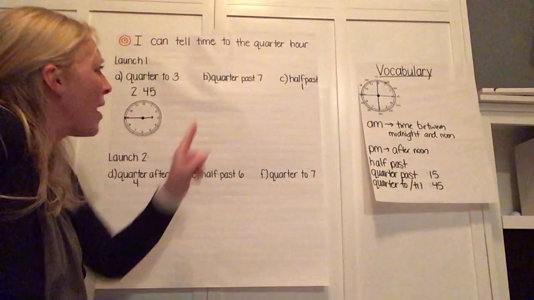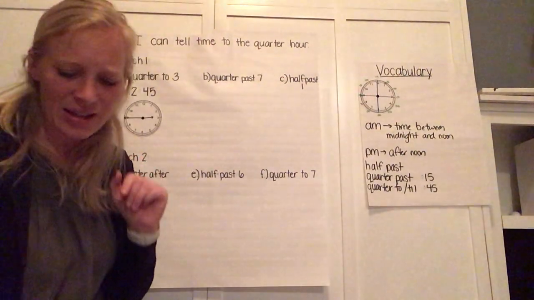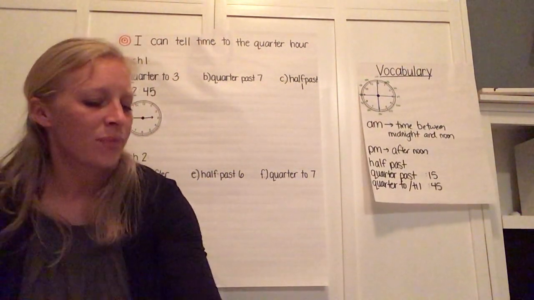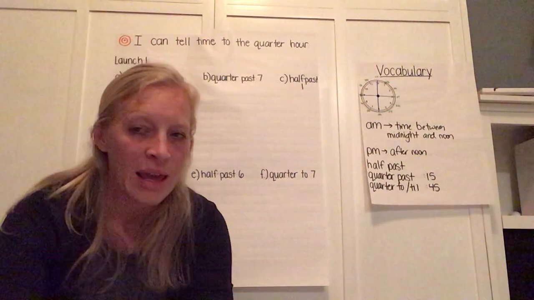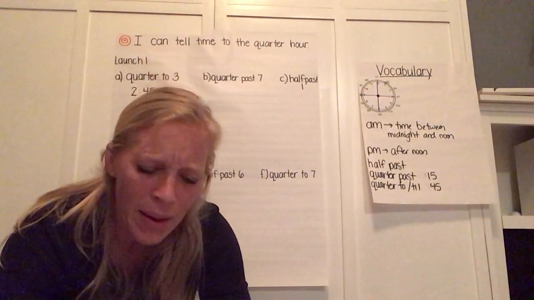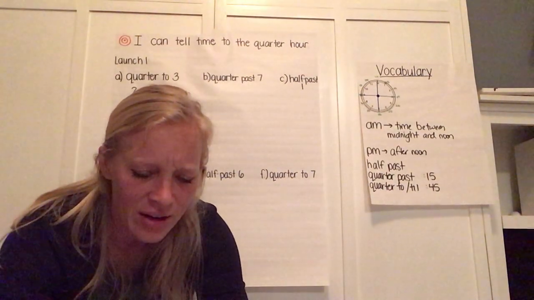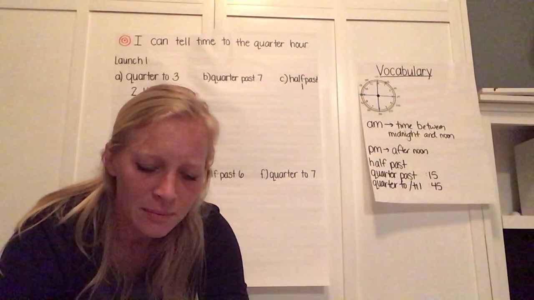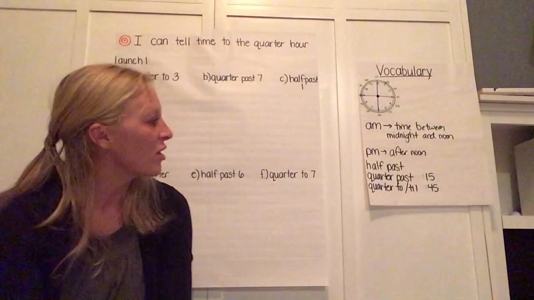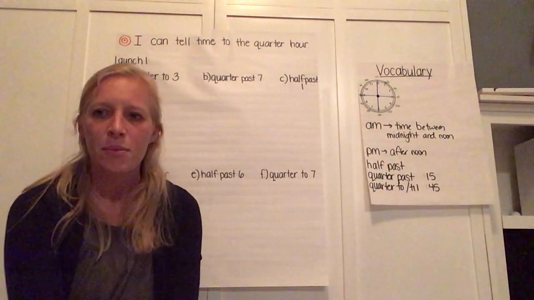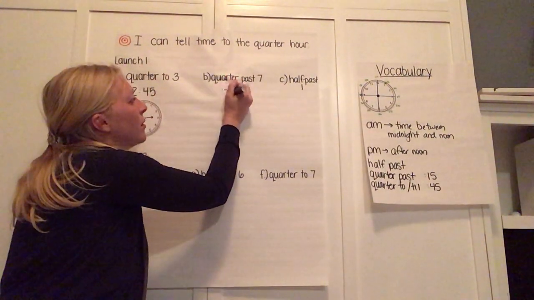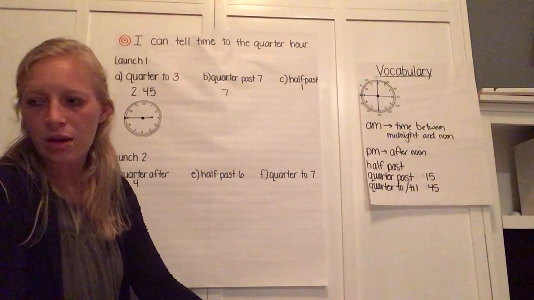Ooh, what about a quarter past 7? A quarter past 7. What would the hour be? What would the minute be if it's just a quarter past 7? Seeing some thumbs. What would the hour be if it's quarter past 7? Why do you say 7 o'clock for your hour?